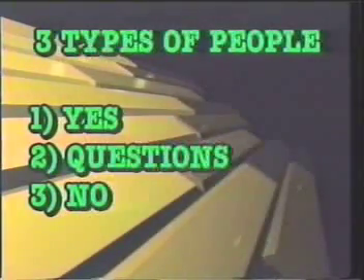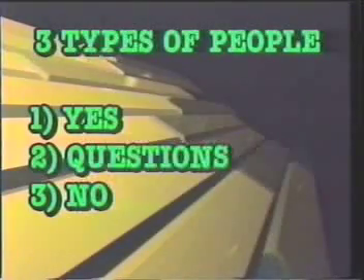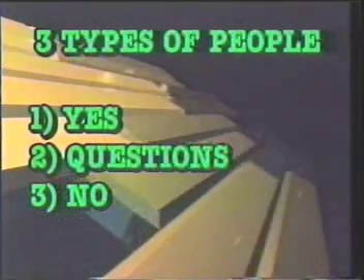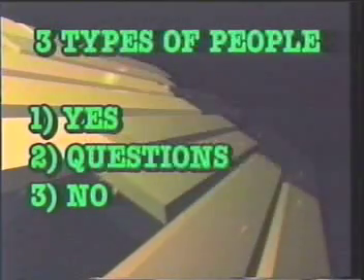Number 2 is people that will ask questions. They are just kind of curious. They want to know more about it. And then there's the 3rd type of person, the no people, who are not interested in an opportunity. You will always run into those 3 types of people. Don't try to change those odds. Never try to change a no into a yes, okay? Or you'll have problems.